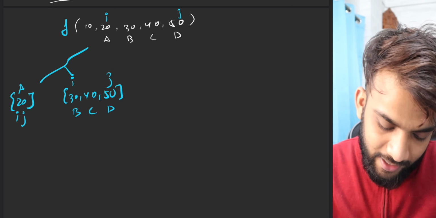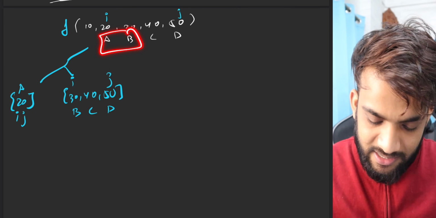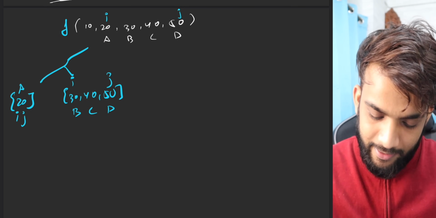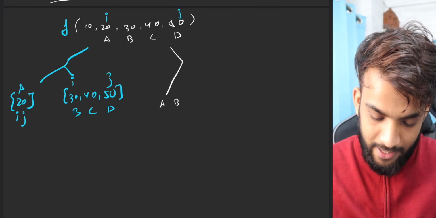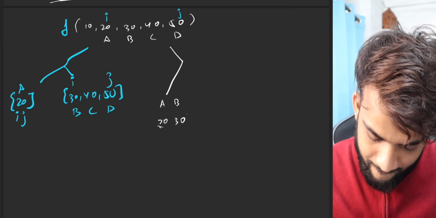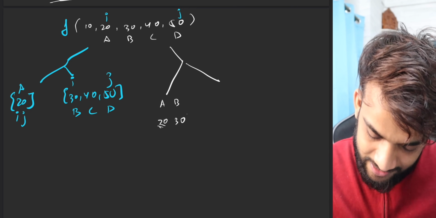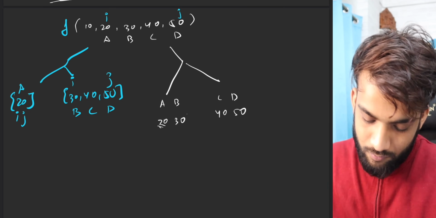Next time if you move K here, then it will be AB and CD. So you can again write, okay, it will be AB, which is something like 20, 30, and CD, which is nothing but 40, 50. It makes sense.